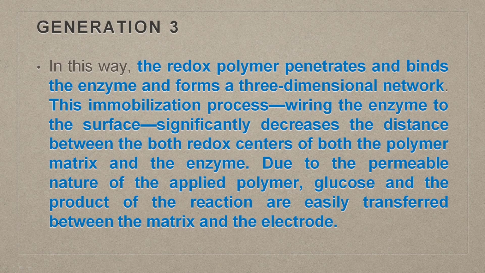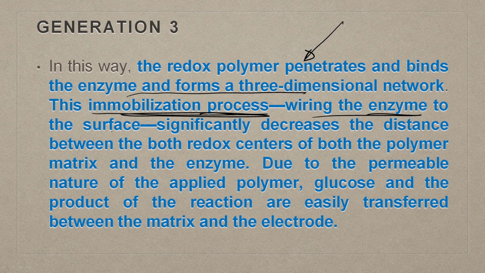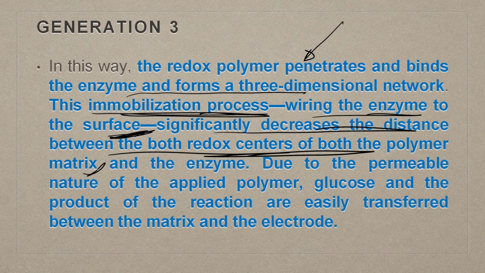In this way, the redox polymer penetrates and binds the enzyme and forms a three-dimensional network. This immobilization process, wiring the enzyme to the surface, significantly decreases the distance between the redox centers of both the polymer matrix and the enzyme.